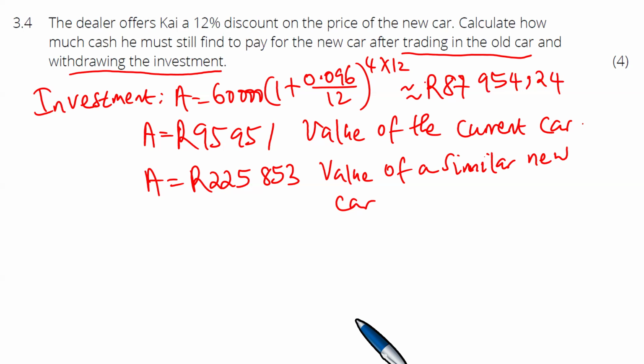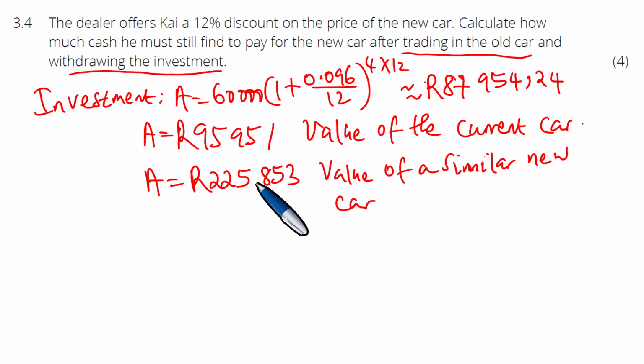So that in the end, you're able to get the amount, calculate how much cash you must still find to pay for the new car. Right, the new car is going to cost this much. So he's going to get 2 amounts of money from there.